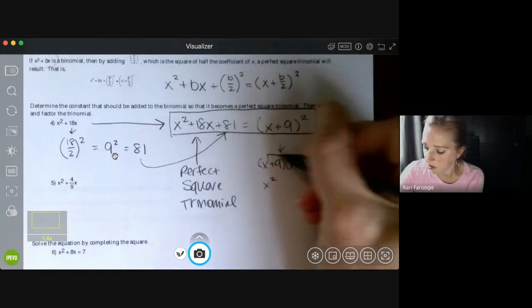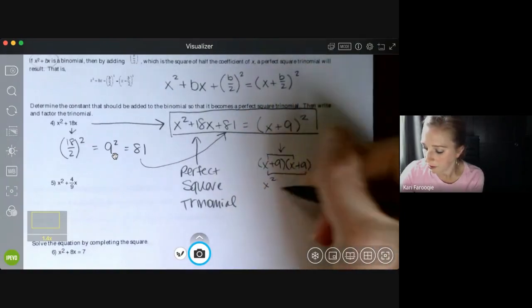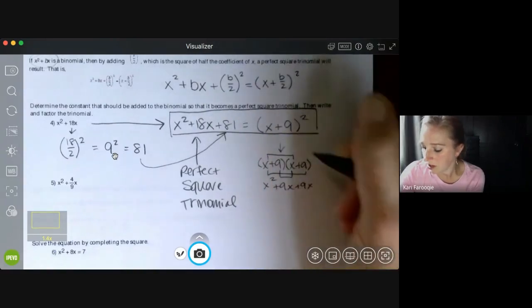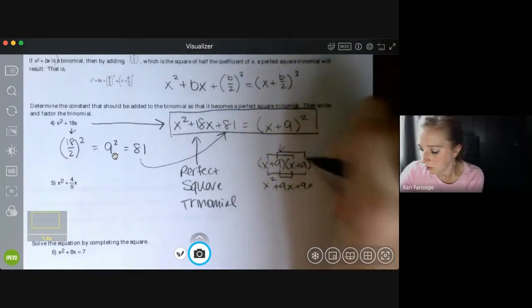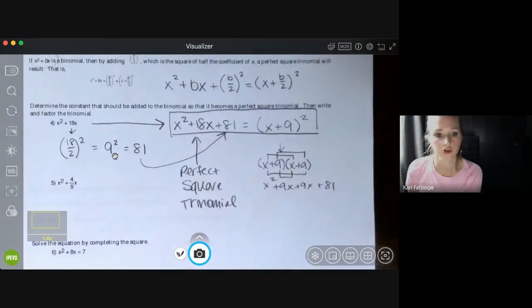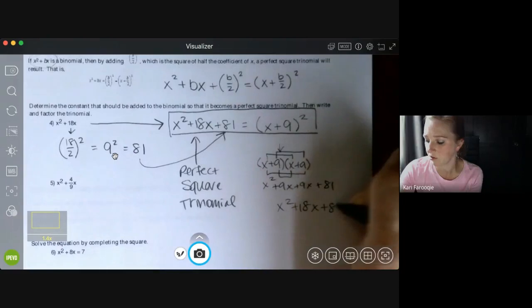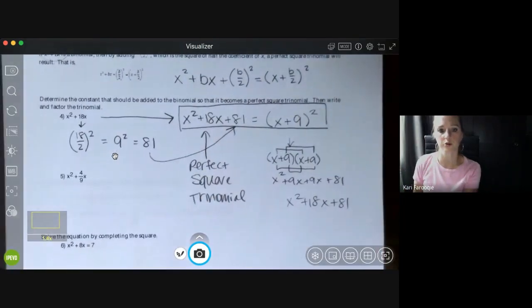So remember, you're taking the first, outside, inside, and last terms. And when you do that, you get x squared plus 18x plus 81. So it's kind of how you work back and forth.